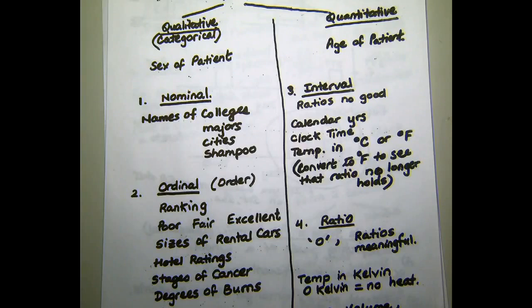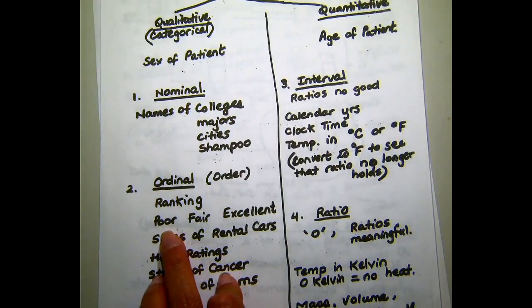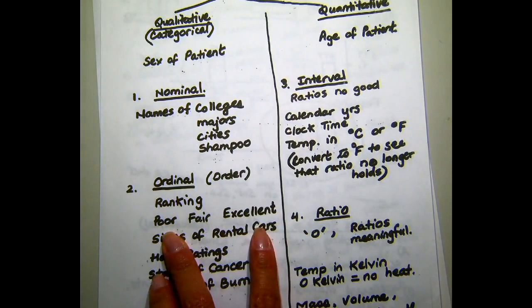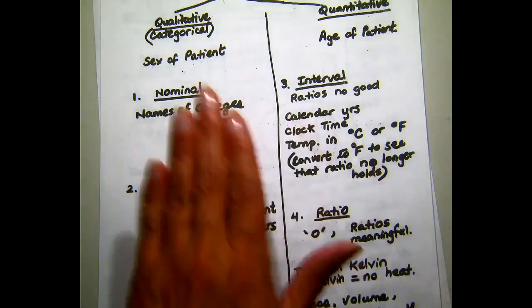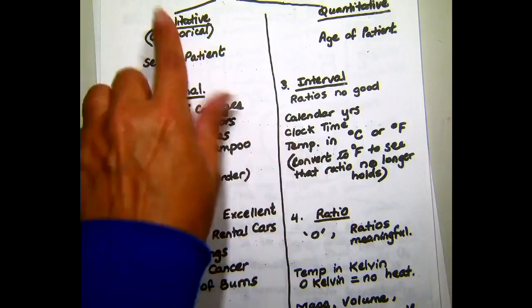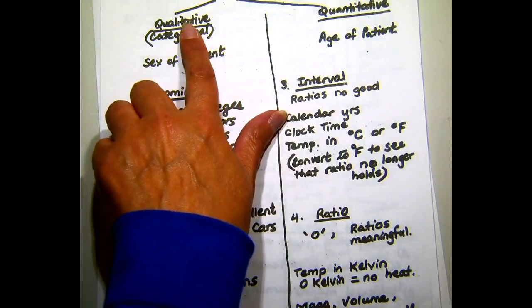When you rate me at the end of the semester, you would rate me as poor, fair, or excellent. That would be ordinal because clearly it's getting better and better as you go along. Sizes of rental cars, ordinal scale. Stages of cancer and degrees of burns, ordinal scale. So kind of unsophisticated because they belong to qualitative random variables.